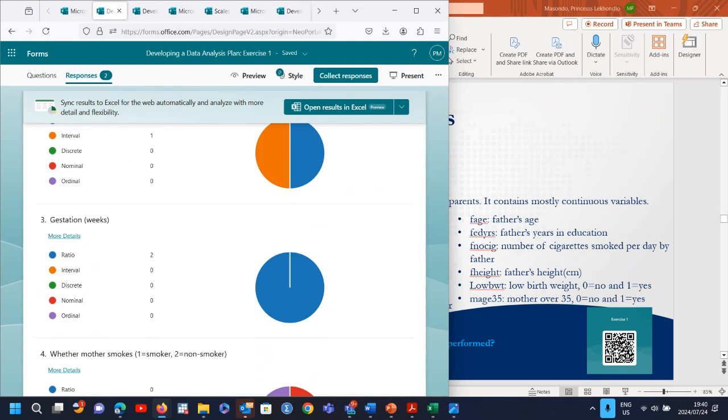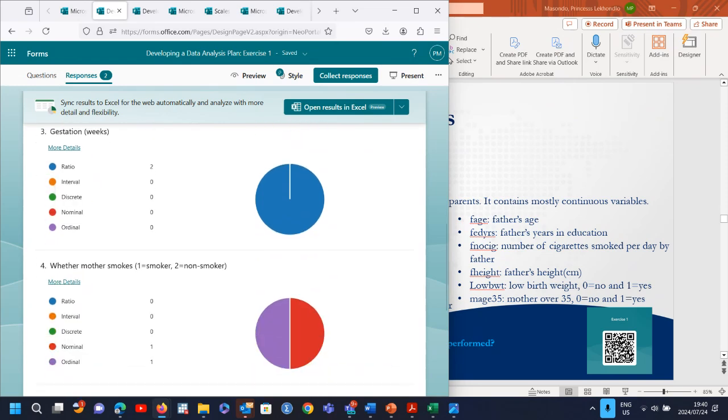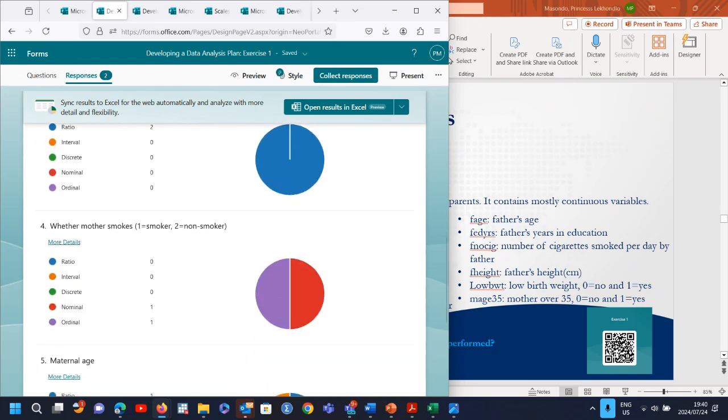So ratio is fine, even though it can't assume a 0 because you start from week 1, but it's got the other attributes of a ratio. Whether a mother smokes or not, whether the mother is a smoker or a non-smoker, it's a category, but it doesn't have order.